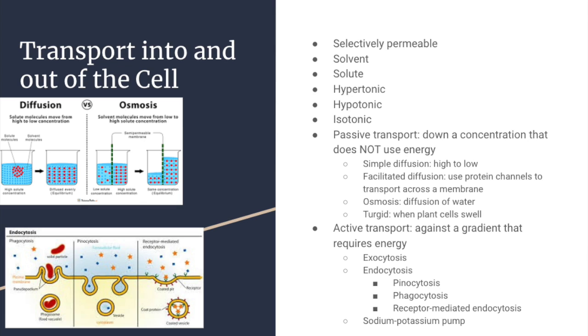Another important example of how cells actively transport particles or ions across a membrane against a gradient is the sodium-potassium pump. The sodium-potassium pump is in nerve cells, which carries sodium and potassium across the axonal membrane in opposite directions to return the nerve to its resting state after an impulse has passed.